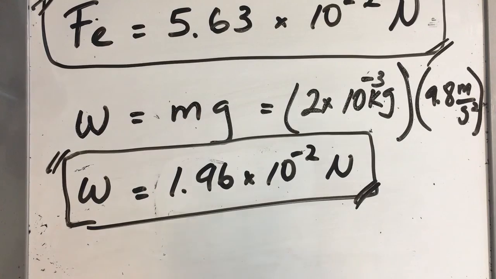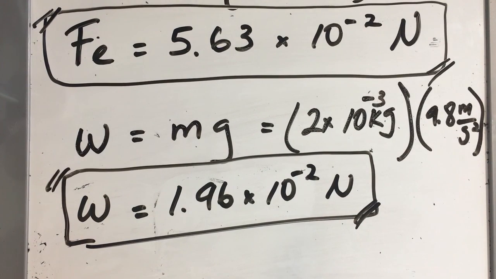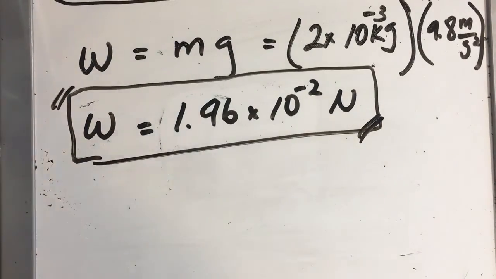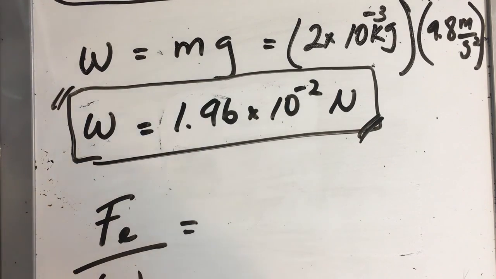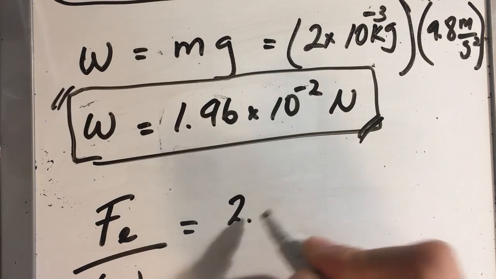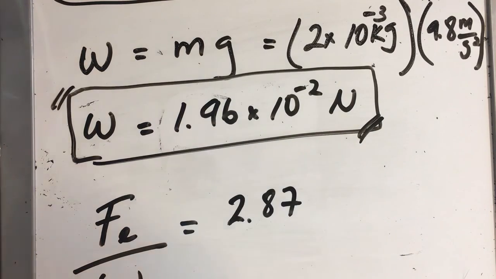Okay, so now that I have both my weight and my electric force, now I can calculate the ratio between the two. Fe over W is going to be equal to 5.63 exponent minus 2 over 1.96 exponent minus 2, and actually the ratio is 2.87.